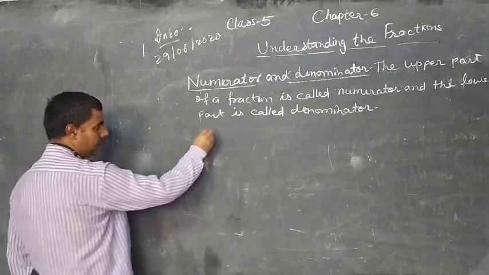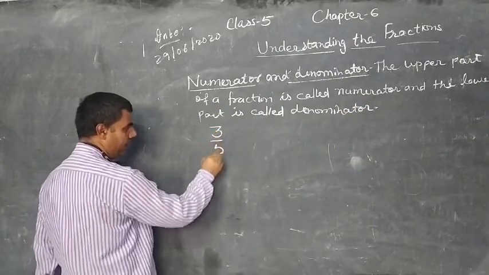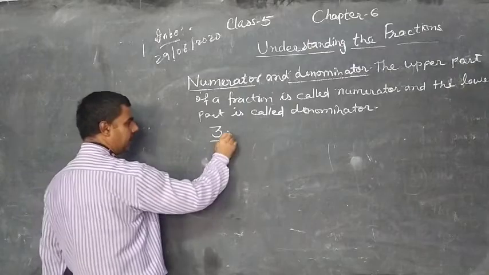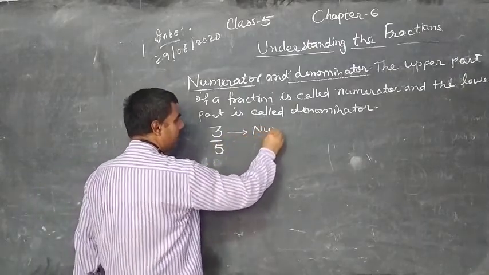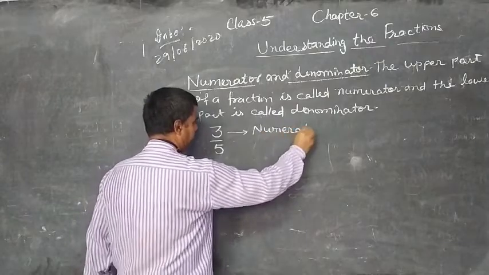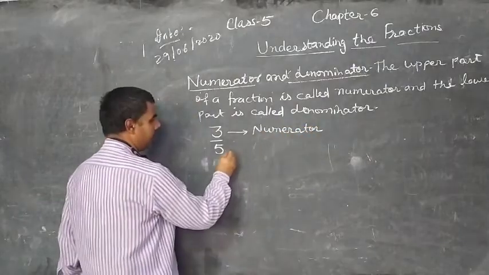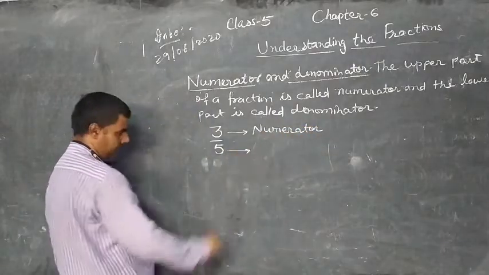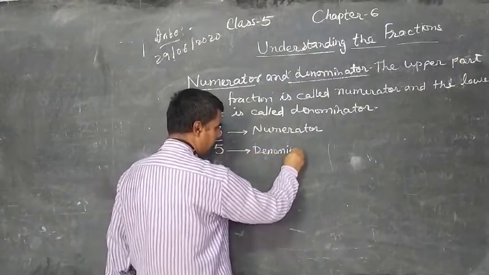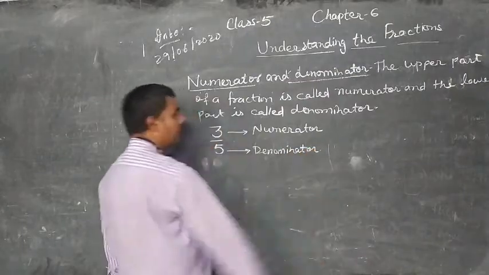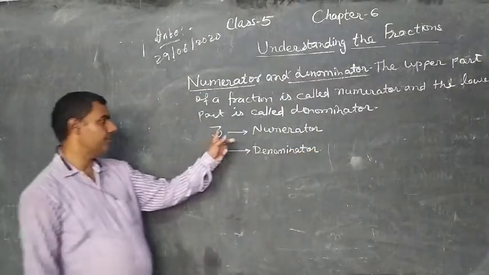In 3/5, the upper part is 3 and it is called numerator. The lower part is called denominator. Have you understood clearly?